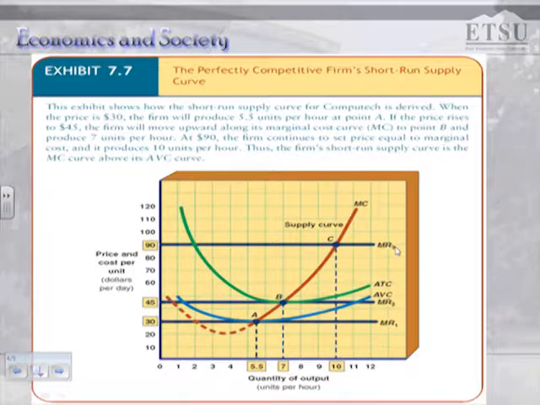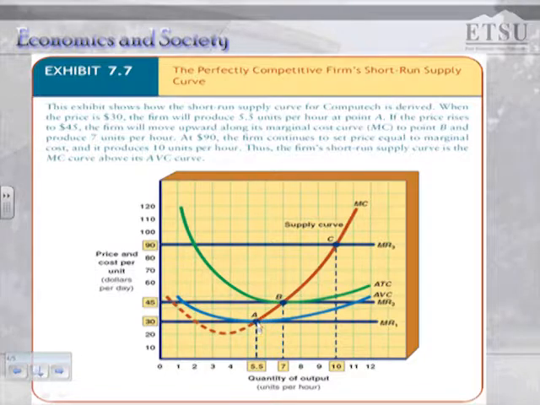So in this graph, we see some points labeled A, B, and C. These are special. One of the things that is consistent is that the marginal cost curve intersects the average variable cost curve when average variable cost is at its minimum.